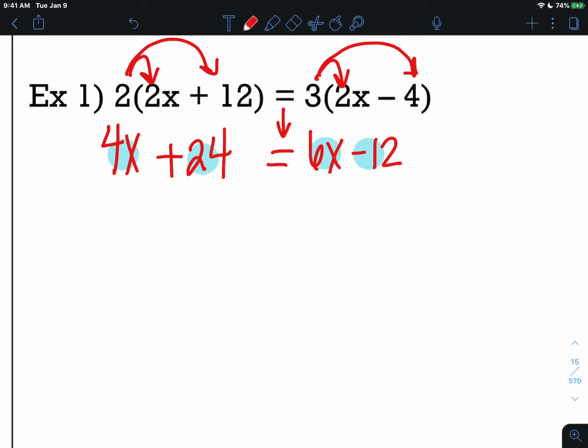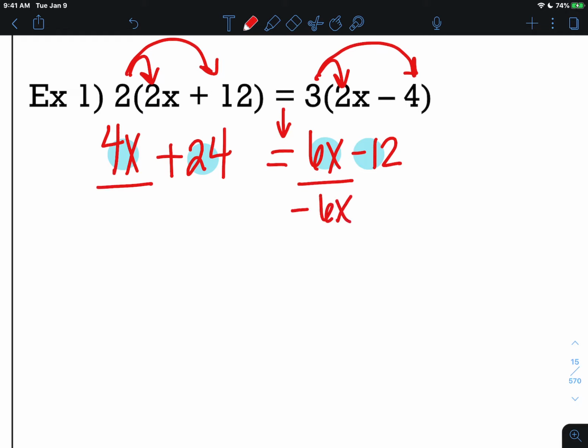Now I want to get my variable on just one side. So I need to take a look. I see that I have x's on both sides, a 4x and a 6x. And remember what I said earlier: we always want to move whoever's smaller, because it's easier. Let me first say that I decided to move this 6x, right?